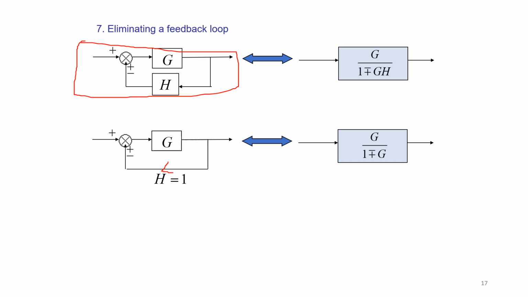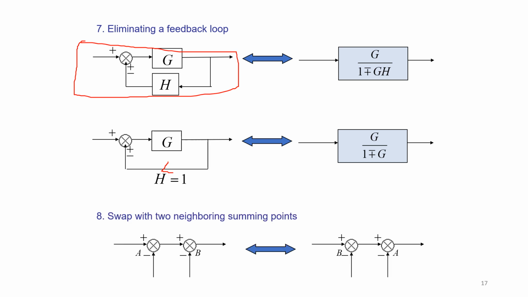In such case, your gain can be taken as equal to G divided by 1 plus or minus G. So you can eliminate a feedback loop by replacing the gain like this as G divided by 1 plus or minus GH. If H is equal to 1, then the same thing is represented as G divided by 1 plus or minus G. This is also an important rule in the block diagram reduction.